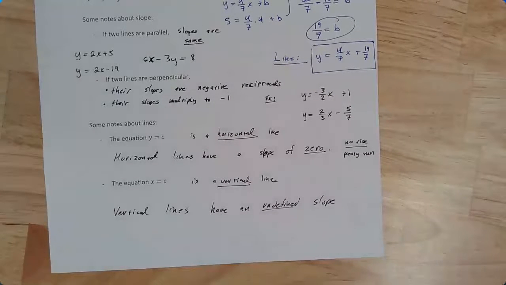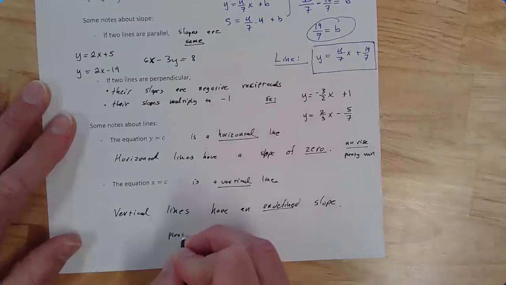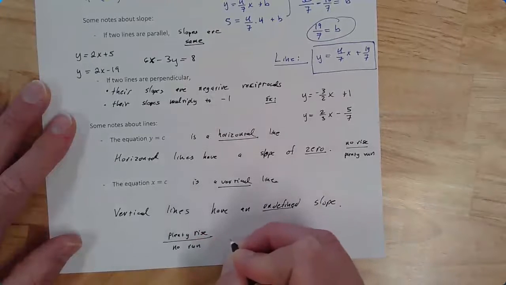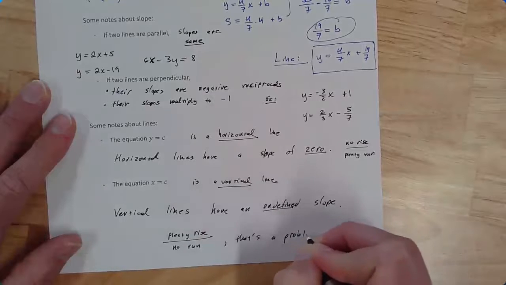Because you have a lot of rise over 0 run, and division by 0 is problematic, right? We can't divide by 0. So you have plenty of rise over no run. That's a problem if you want there to be a slope.